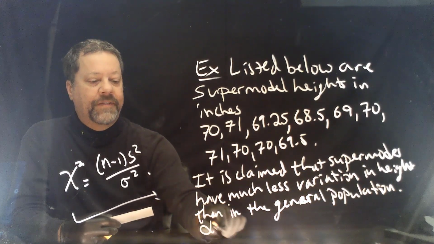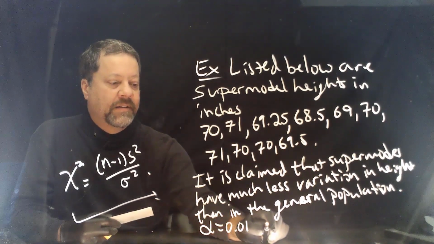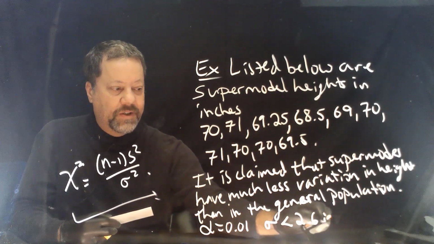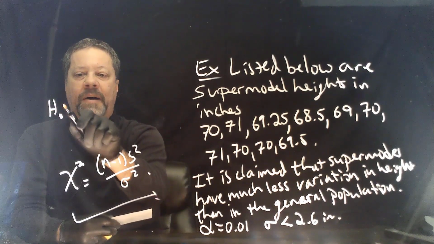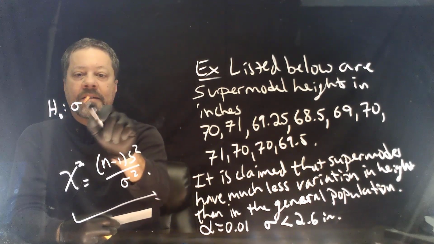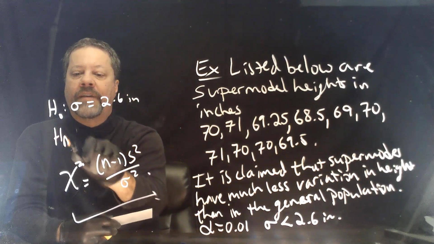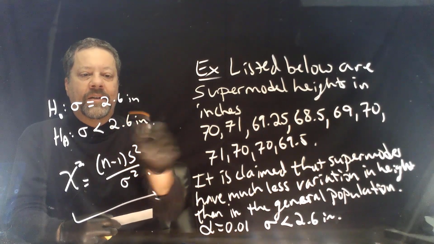We'll use alpha equals 0.01 to test the claim that sigma is less than 2.6 inches. Here, the null hypothesis is that sigma is 2.6 inches, and the alternative hypothesis will be that sigma is less than 2.6 inches.